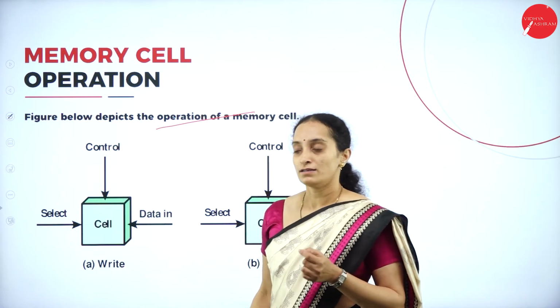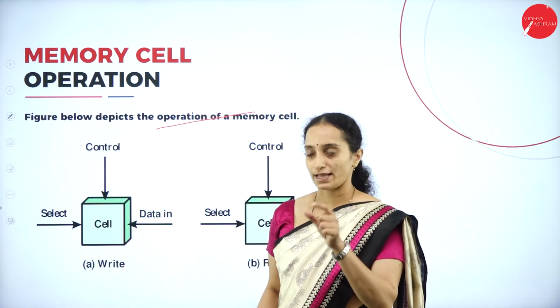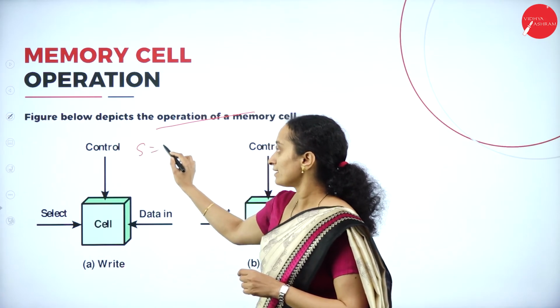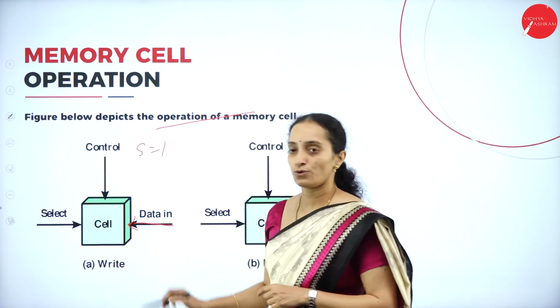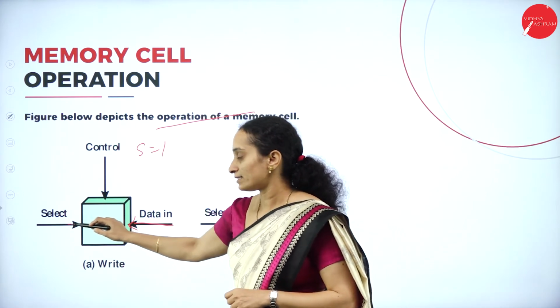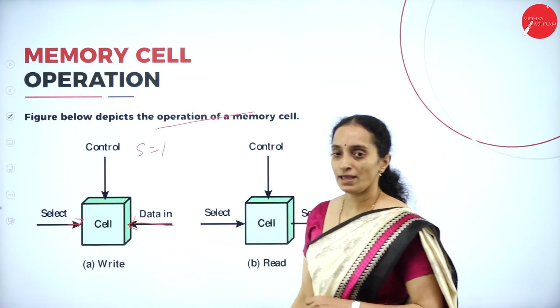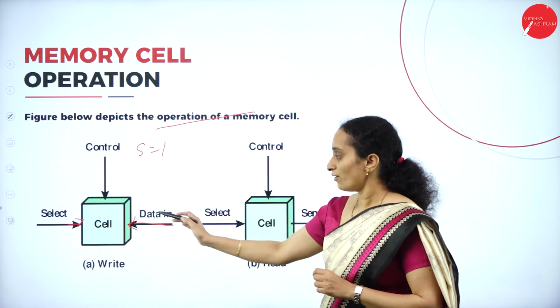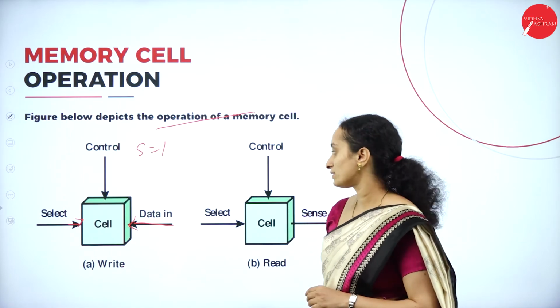When the control signal is set to 1, the data will be stored into the cell. The cell will be selected and data will be written into the cell.